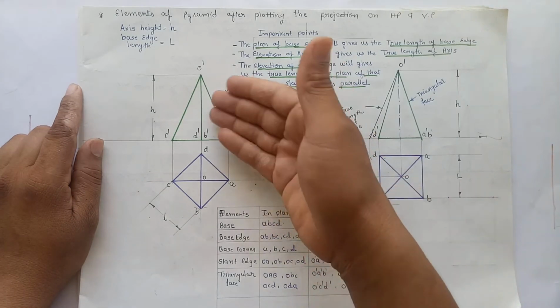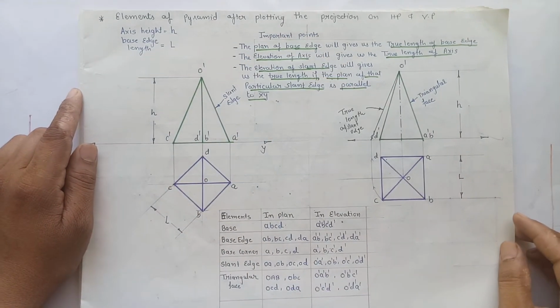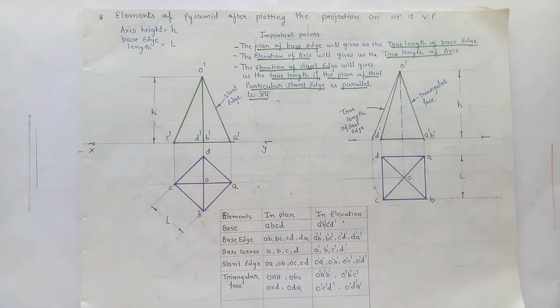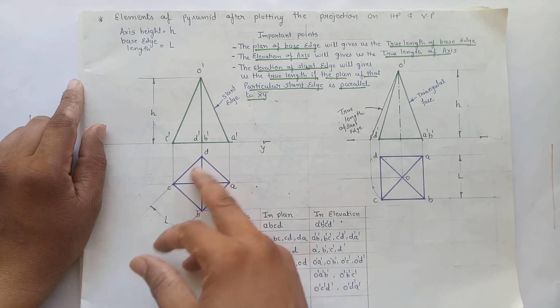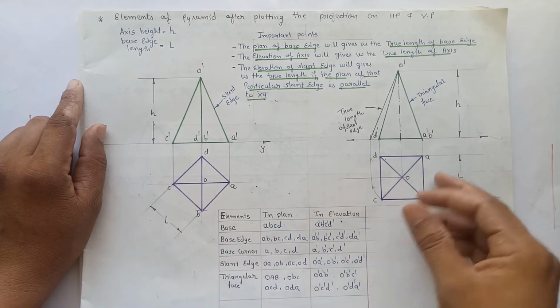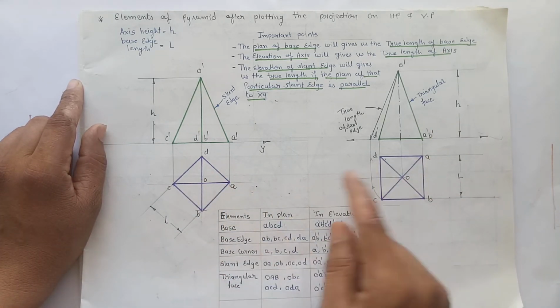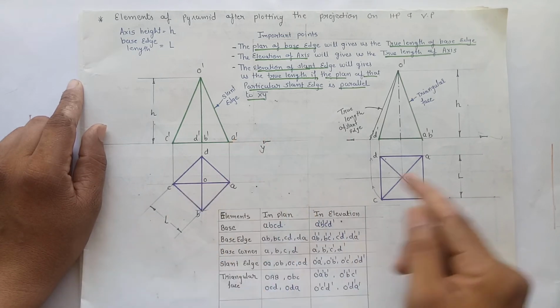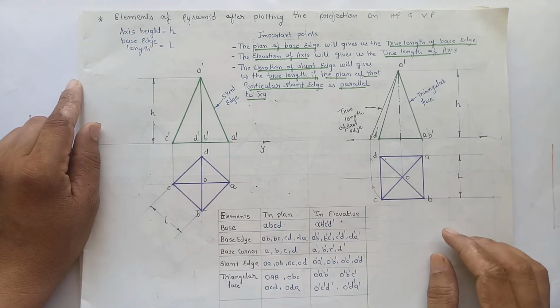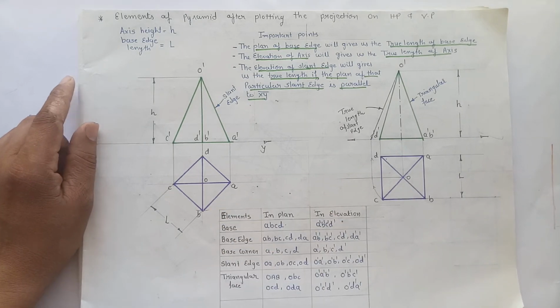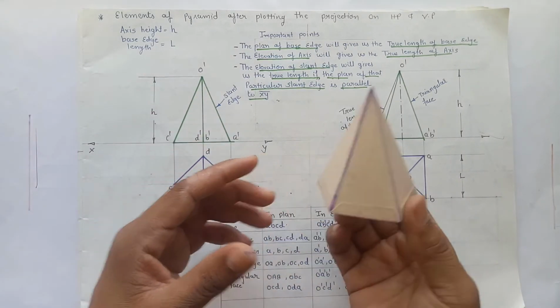After drawing the plan and elevation, how can we find the different elements of the pyramid? Here we have taken two conditions: square pyramid resting on corner, and square pyramid resting on its base edge. Here we have taken the corner on the right hand side, and here the base edge on the right hand side.